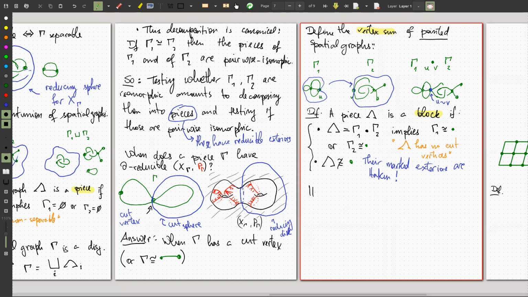So the question is, how to write down iterated vertex sums.